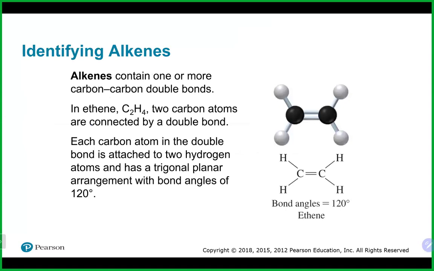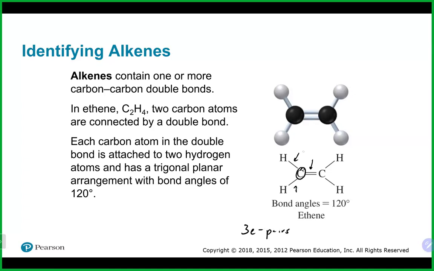So identifying alkenes, again, that double bond is definitely the identification. It also, by the way, does change the bond angle of the molecule. Like we saw with alkanes, which have a tetrahedral geometry. Here with our alkene, we have 1 electron pair, 2 electron pairs, and 3 electron pairs.